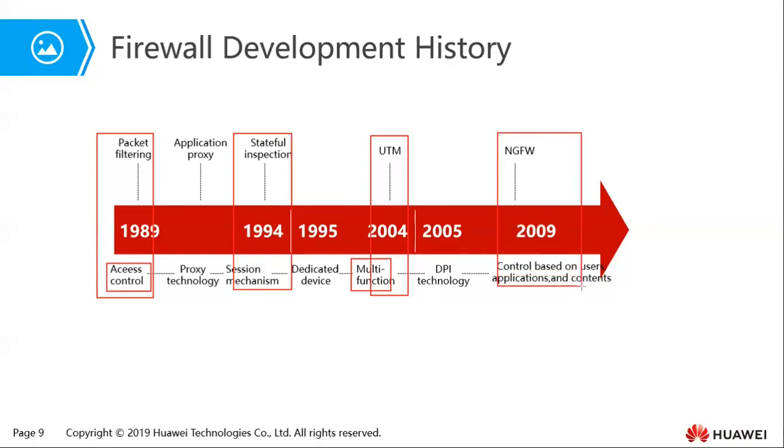Then in 2009, a new version of firewalls came into place, called the Next Generation Firewalls, NGFW. The main advantage over UTM is the processing speed, and it also uses deep packet inspection technology, DPI.